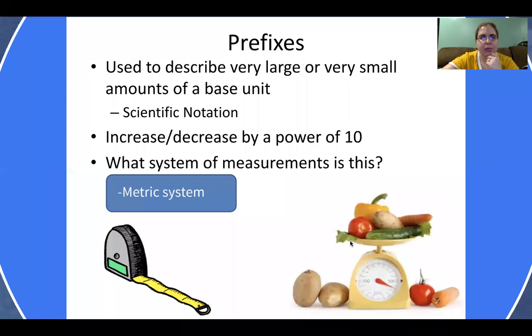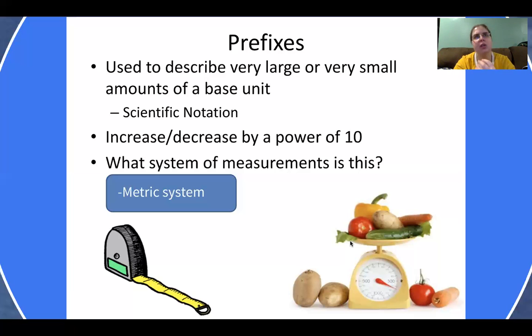Prefixes are used to describe very, very large or very, very small amounts within a base unit. If we don't want to write it in scientific notation, we can do metric conversion.